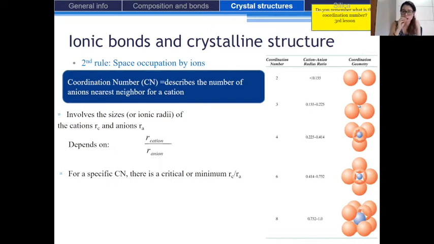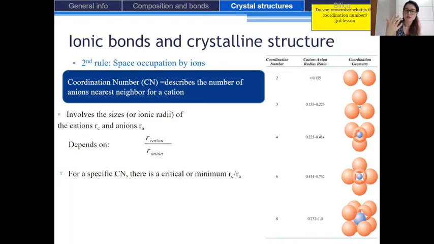First of all, how to determine the coordination number? First, we should calculate the ratio between the radius of the cation and the radius of the anion. Because this coordination number depends on the relative sizes of cation and anion.